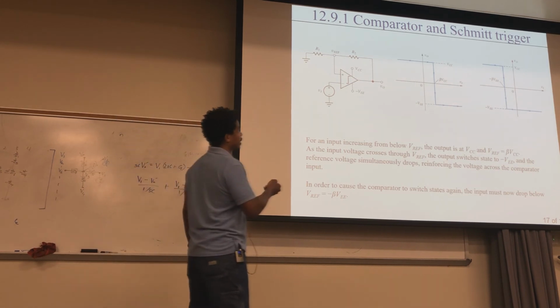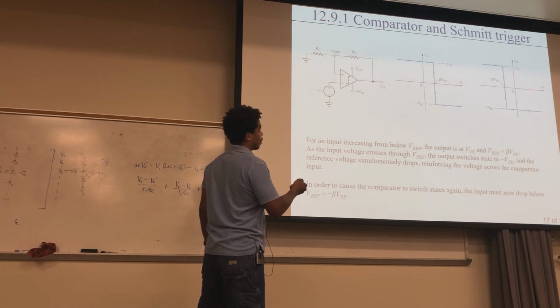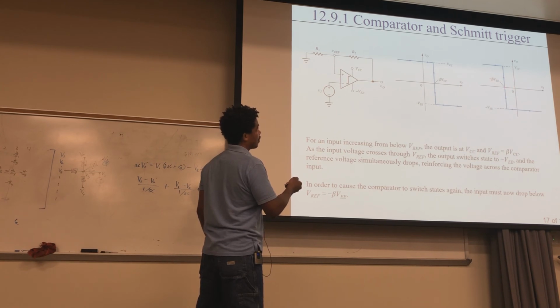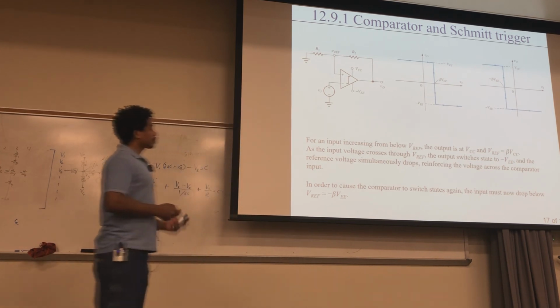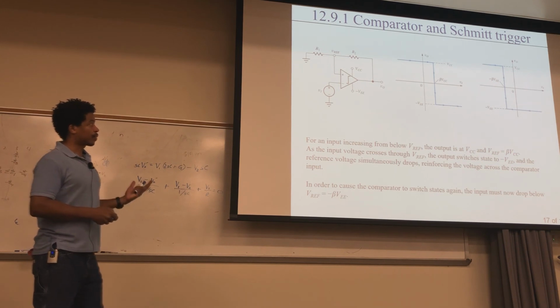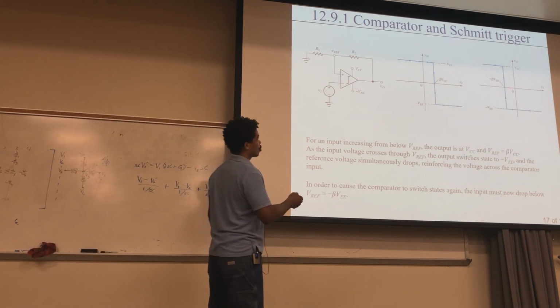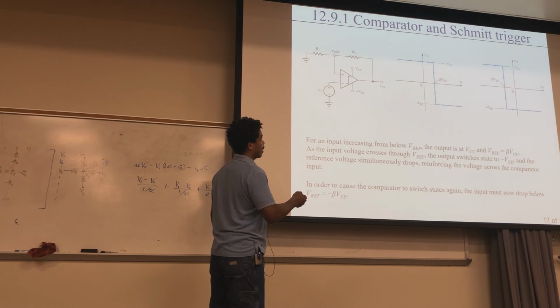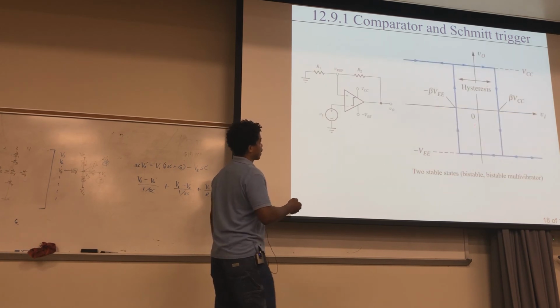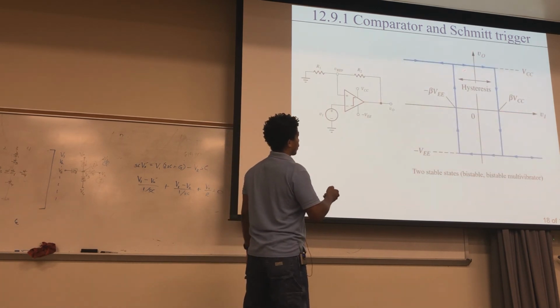Now, if you're in this state over here, and that's your input, you're still at negative VEE. In order to switch back, you have to decrease your voltage past 0 all the way down here to negative beta VEE to switch back up to this state of VCC. So what's happening is that you have this margin between here and here, which is like this hysteresis, right?